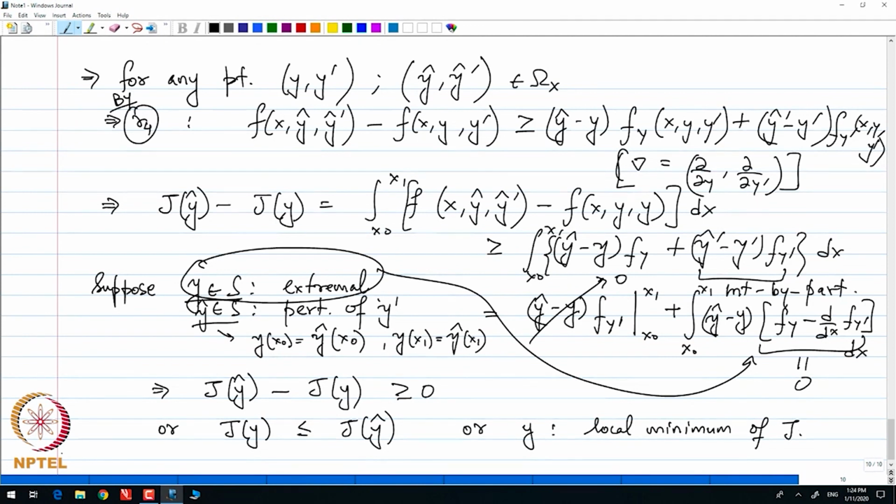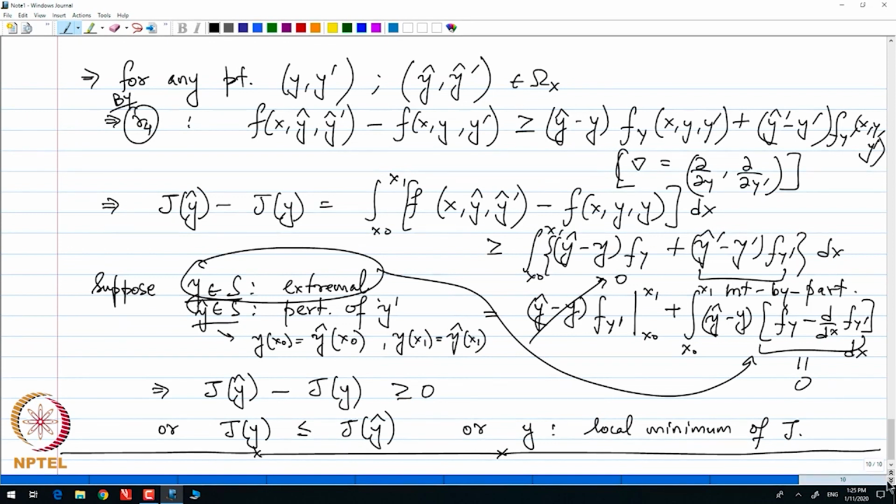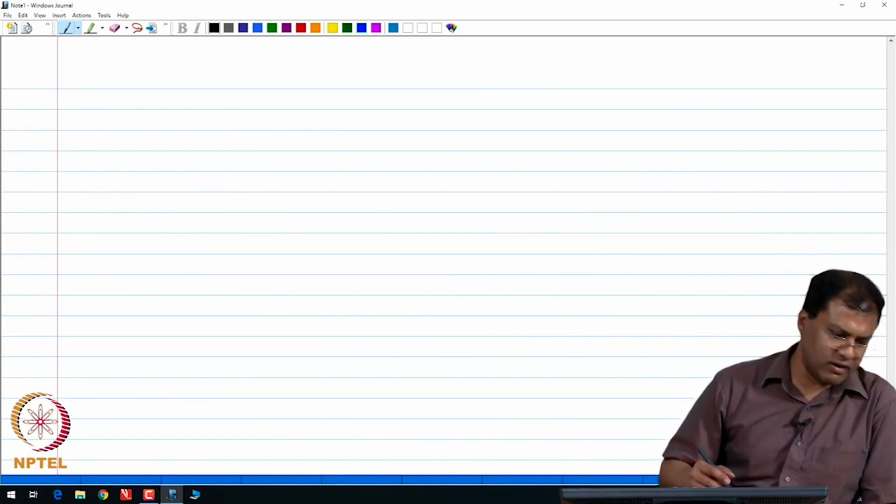So, the analysis becomes very easy when we are dealing with convex integrands. After a few minutes, I am going to introduce a topic in optimal control, where we are exactly going to discuss convex integrands. So, let us wrap up this section by providing some results in the form of theorems and give some examples on how to solve optimization for convex integrands.